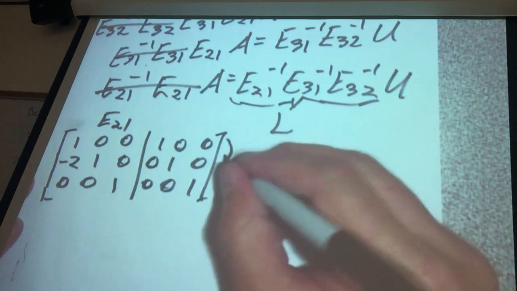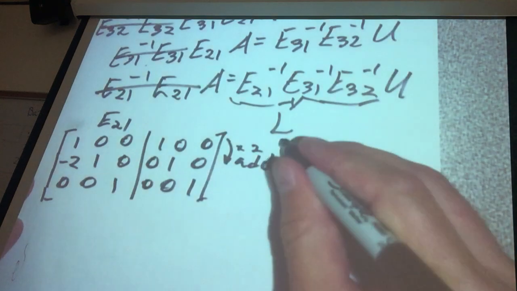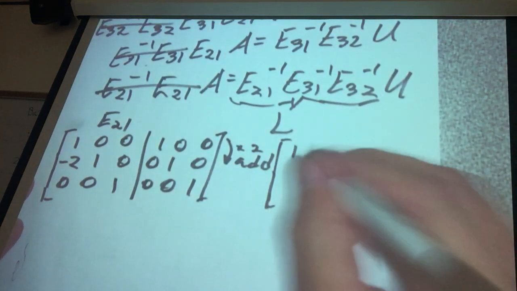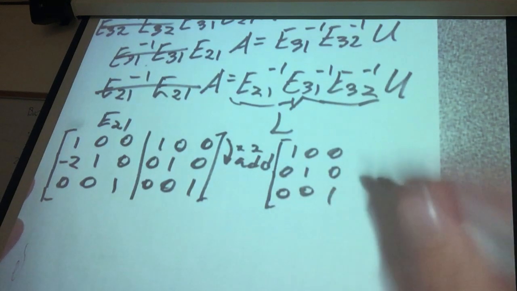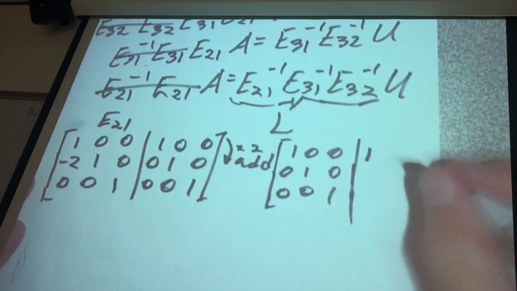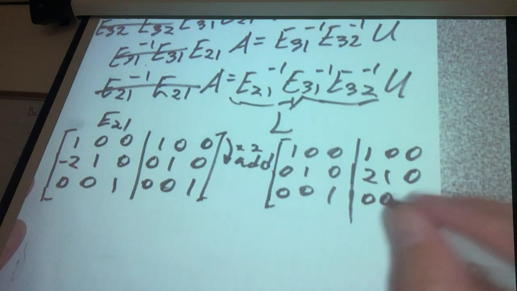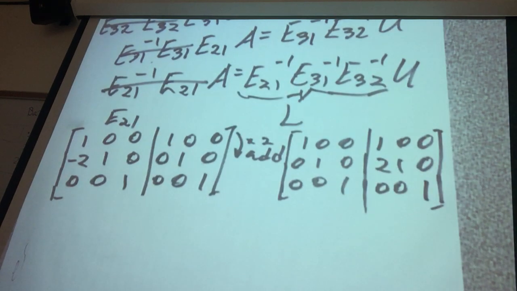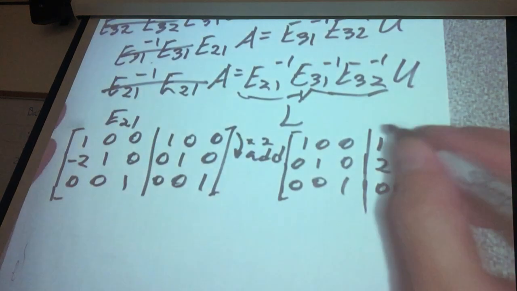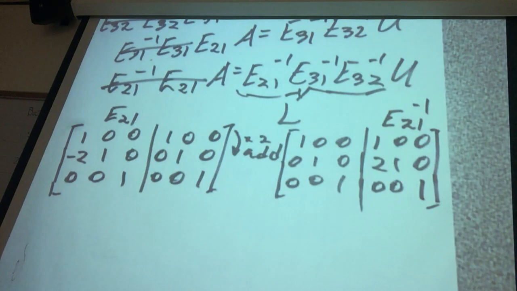I'd take this guy, multiply by 2 and add downwards. So that would be 1, 0, 0, 0, 1, 0, 0, 0, 1, and 2, 1, 0, 0, 0, 1. And so this component right here is E21 inverse.